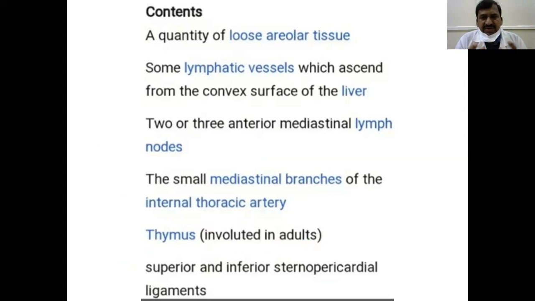What are the contents of the anterior mediastinum? Loose areolar tissue and some lymphatic vessels draining the liver, and two or three anterior mediastinal lymph nodes, and the small mediastinal branches of the internal thoracic artery.